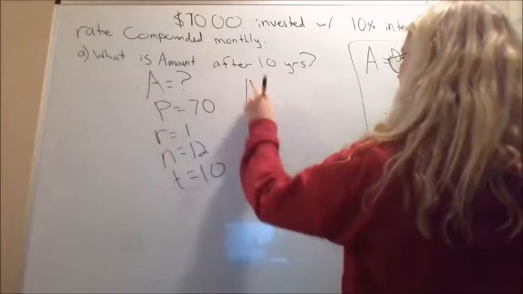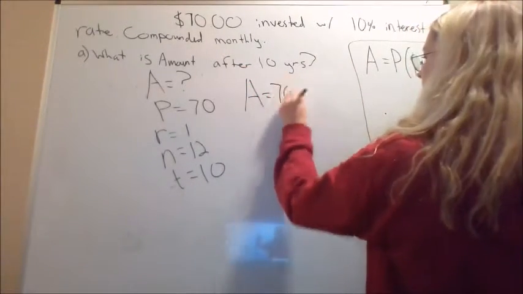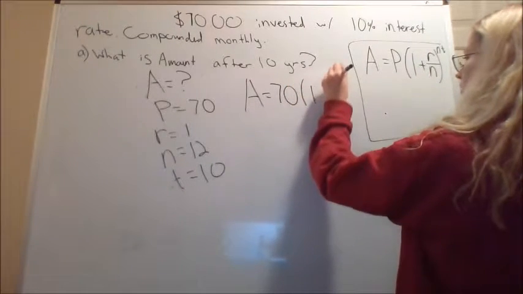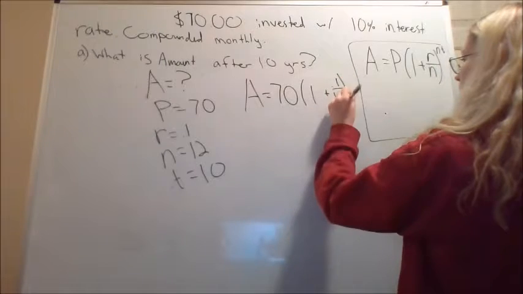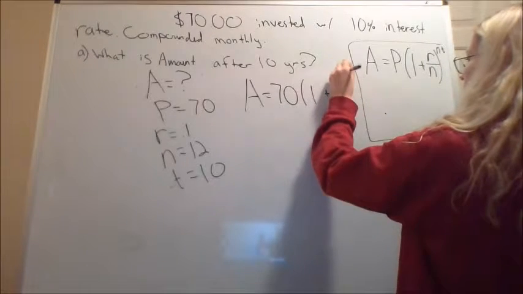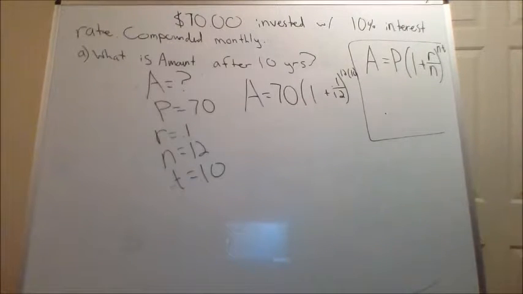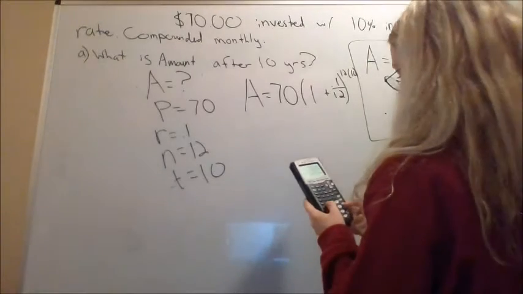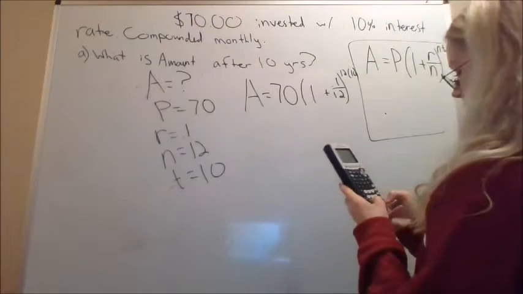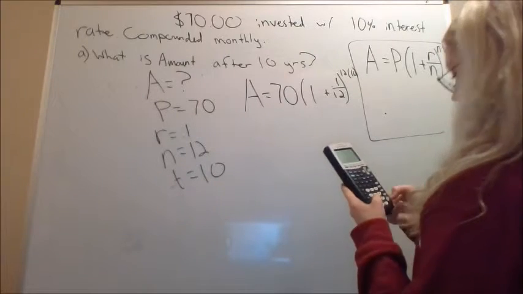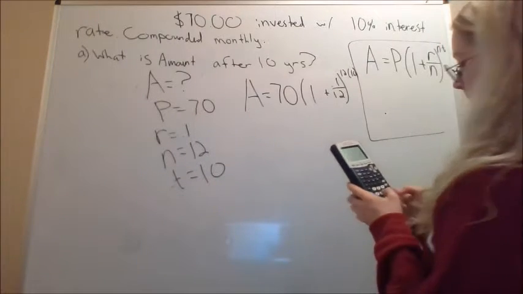So A equals 70 times the quantity 1 plus 0.1 divided by 12, all to the power of 12 times 10 years. So now we take out our calculator and we go 70 times quantity 1 plus 0.1 over 12 to the power of 120.